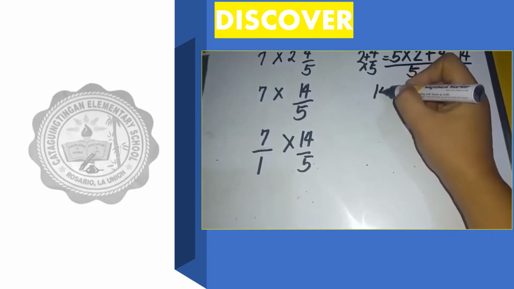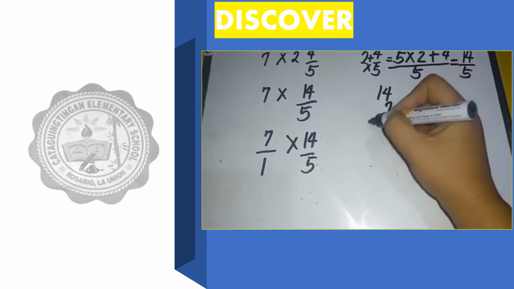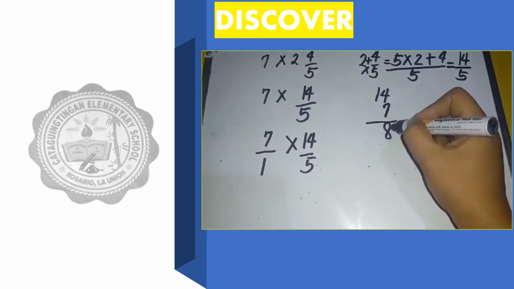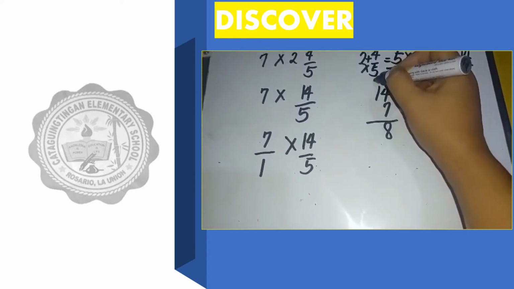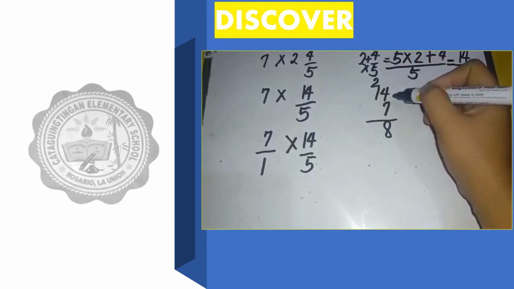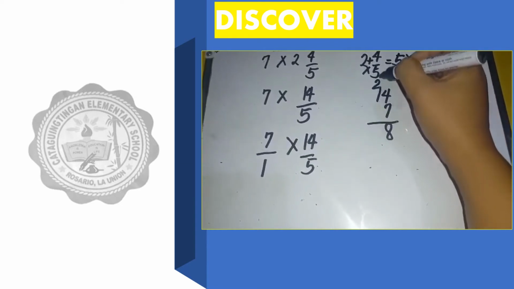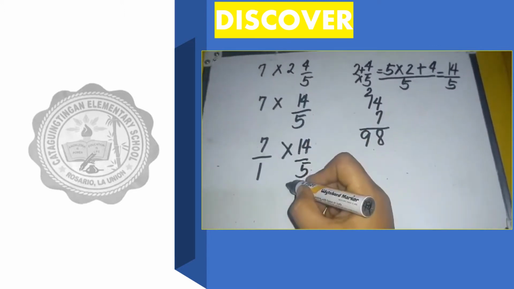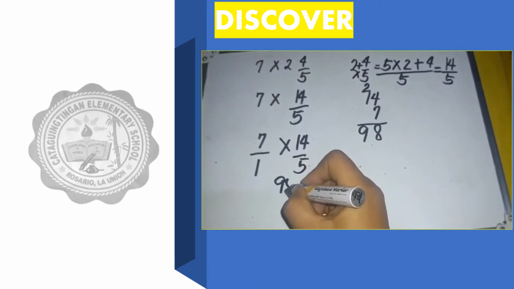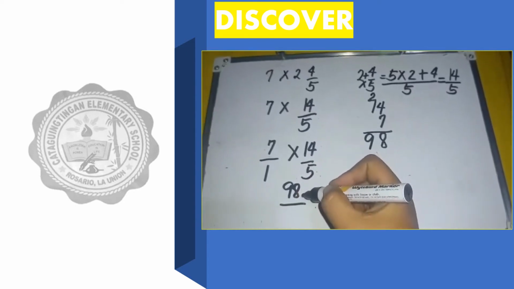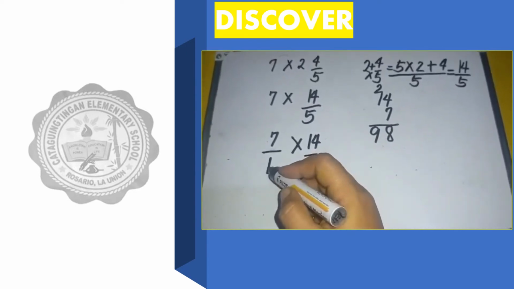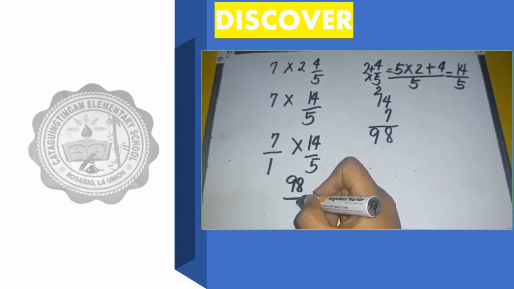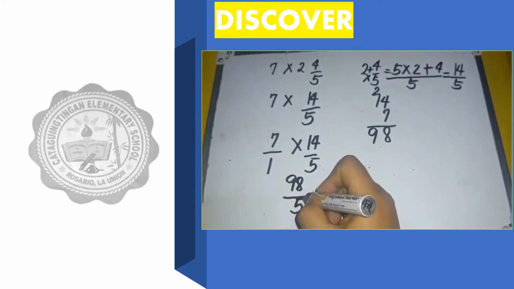Solve natin. 14 times 7. 4 times 7 is 28. 8 ang isusulat mo dyan. Ilalagay mo doon yung 2. 7 times 1 is 7 plus 2 is 9. So, 98. 7 times 14 is 98. Let us multiply the denominator, which is 1 and 5. 1 times 5 is 5. The answer is 98/5.